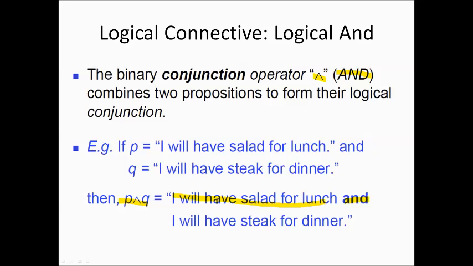Next, I will write the proposition statement of Q: I will have steak for dinner. Now I have the logical conjunction: I will have salad for lunch and I will have steak for dinner. That's how you form the logical conjunction using the and.